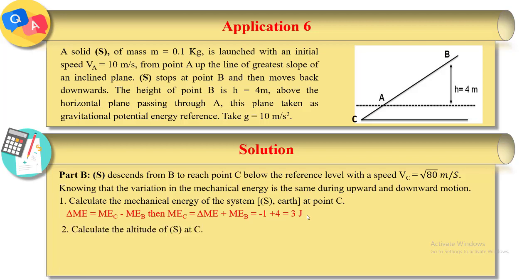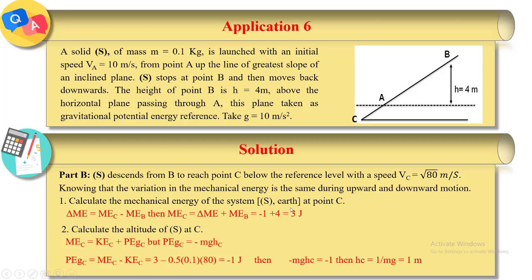Now we have to calculate the altitude of S at point C. The mechanical energy at point C is equal to the kinetic energy at point C plus the gravitational potential energy at point C. But the gravitational potential energy at point C is equal to minus mgh_C because C is below the reference, which passes through A. Then the gravitational potential energy at point C is equal to the mechanical energy at point C minus the kinetic energy at point C. So we substitute and we get minus 1 joule.